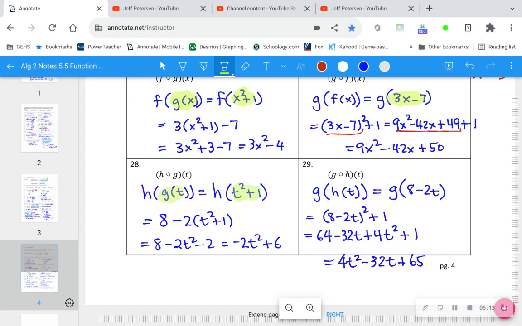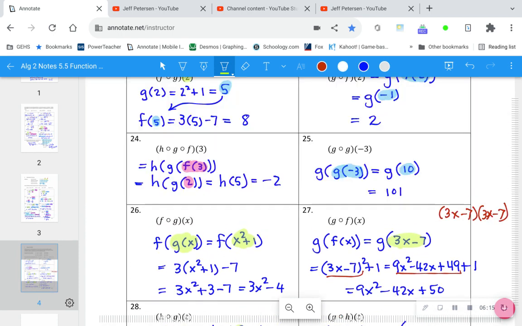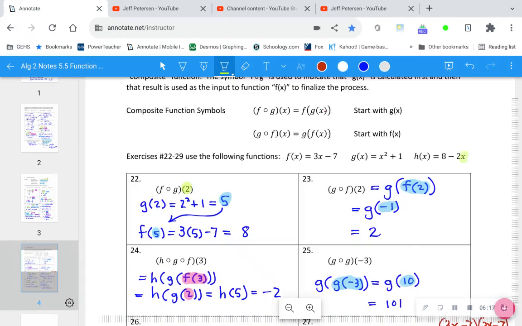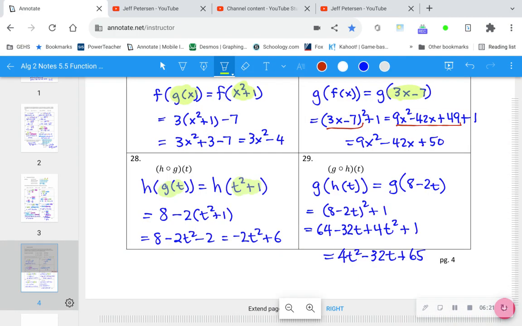Then you take that t squared plus 1 and put it right here. And it's 8 minus 2 times that. You can see I wrote that there. And distribute the negative 2, and then collect your like terms, and you end up with negative t squared plus 6.